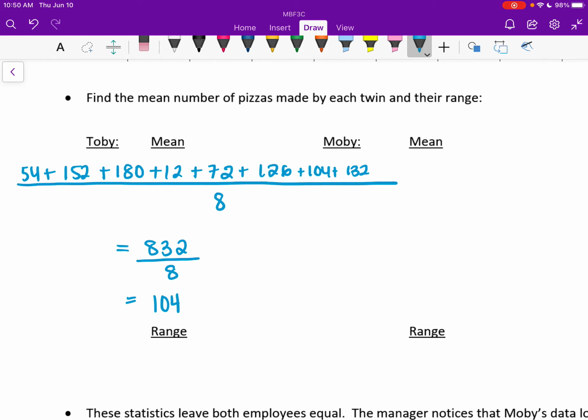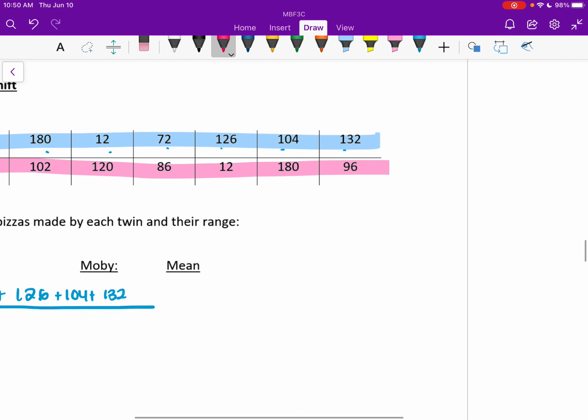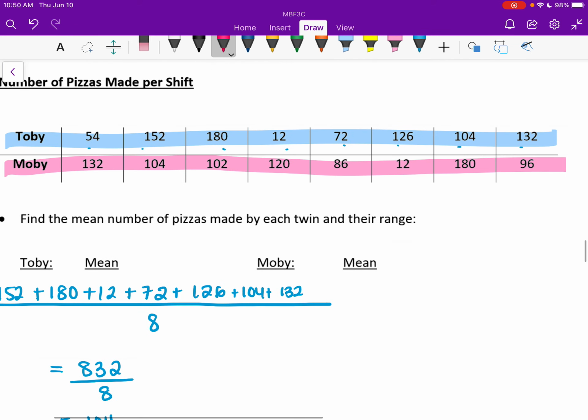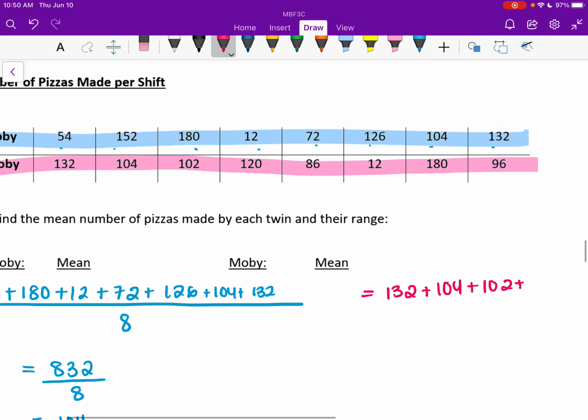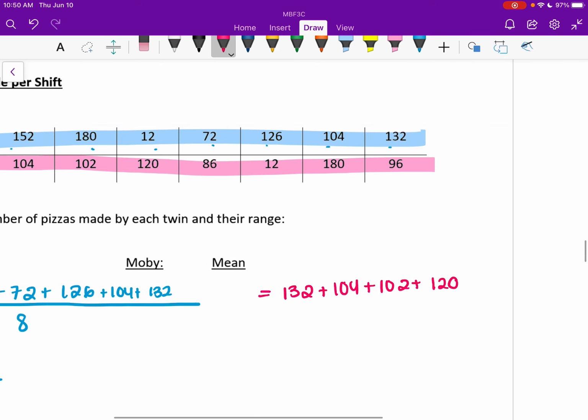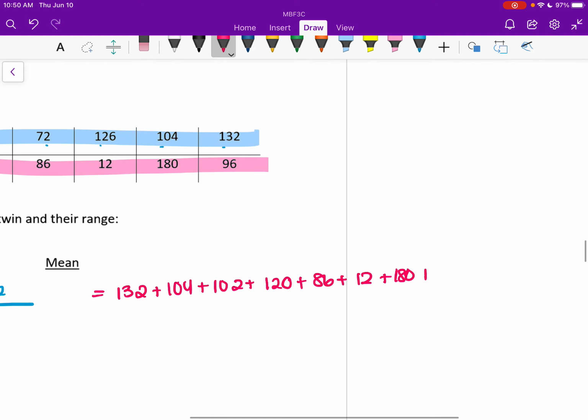Let's go ahead and find how much Moby makes. So Moby, we're going to do the same thing, right? We're going to add 132 plus 104 plus 102 plus 120 plus 86 plus, one day he made 12, plus 96.